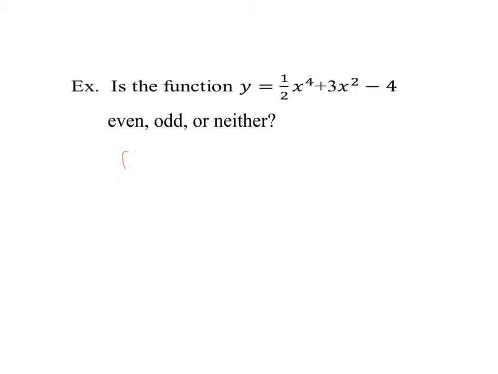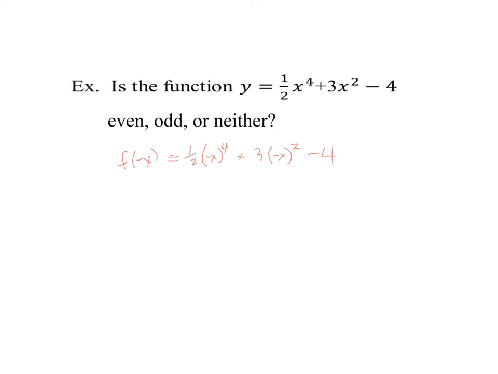If we do our horizontal reflection first, that turns all of our x's negative. It won't matter on the x to the 4th because it's an even power, it won't matter on the x squared, and the 4 isn't going to do anything at all.